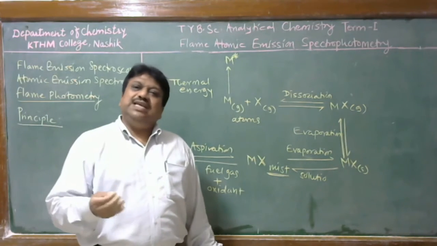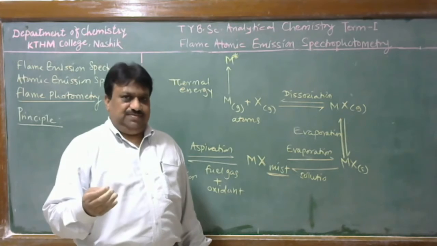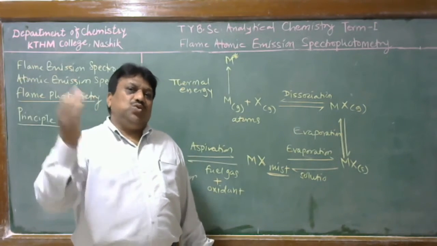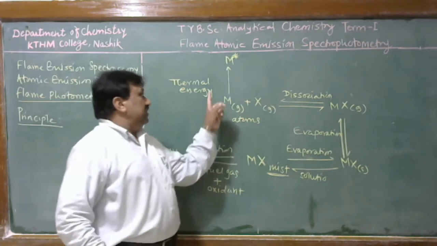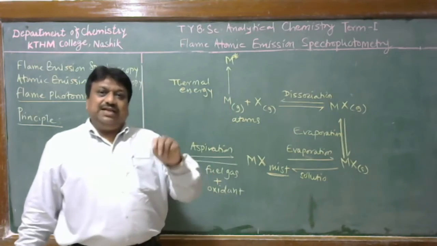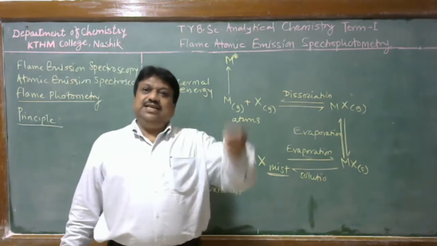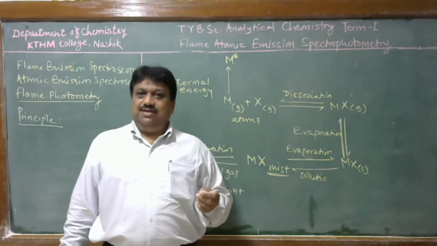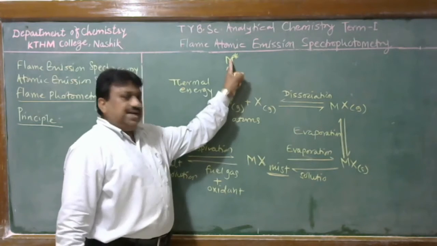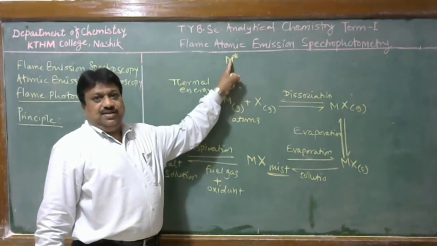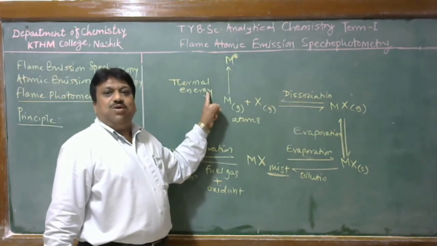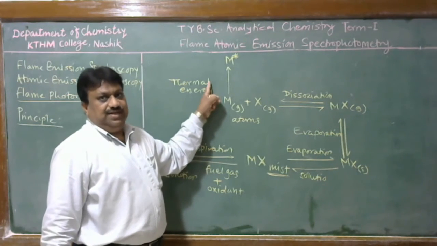Then the outermost electron of the sodium atom, that is the electron present in the valence shell, is promoted to the excited state, and for this purpose this thermal energy is utilized. When that atom gives its electron to the next valence shell, then it is said to be in excited state. This is a state called excited state, and that is obtained by absorption of energy, in the form of heat energy or thermal energy.